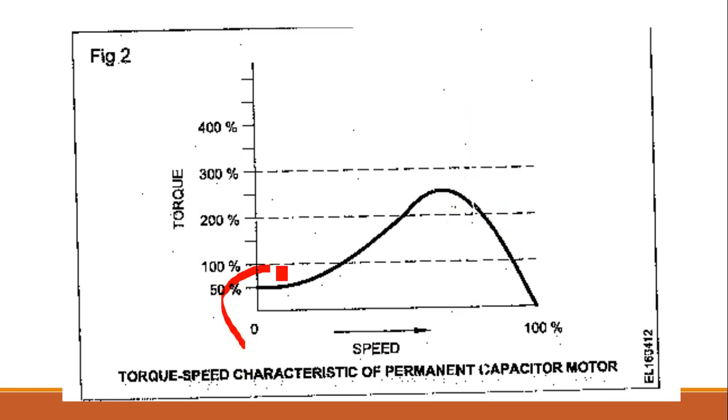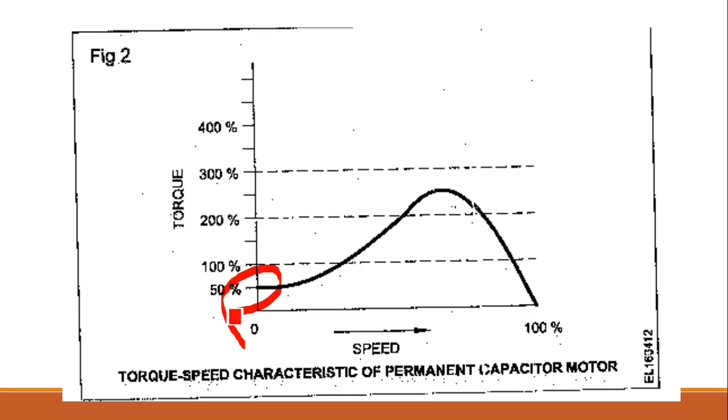Because of this, as I told you, you can even hold a ceiling fan or table fan before it is switched on. There is no problem, but a pump motor cannot be held by hand because it has high starting torque. The permanent split capacitor motors have lesser starting torque, and that is the reason they are only used for fan type of application.